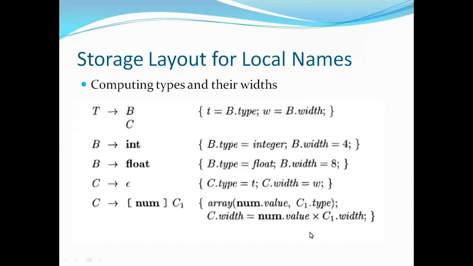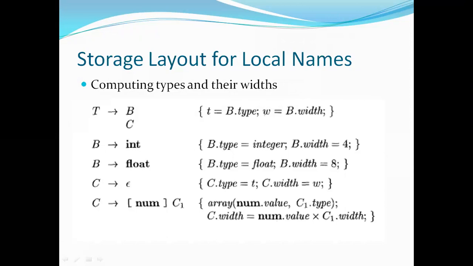Here I am performing the computation by writing a function for the array, because on the right-hand side of the rule for C, I have the array representation for num. So I use the function array of num.val, comma, C1.type. Whatever value I compute here is assigned to C.type.